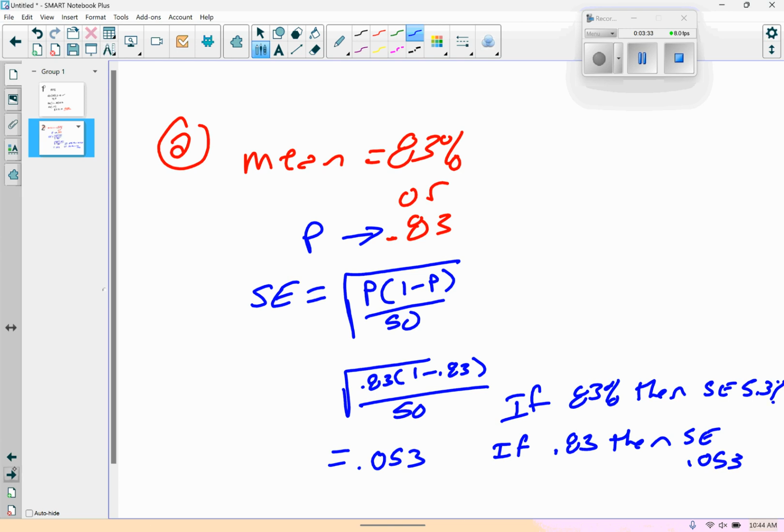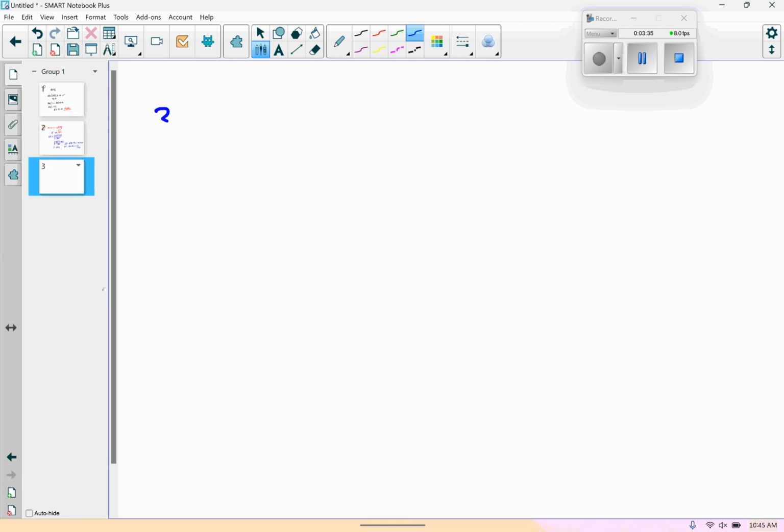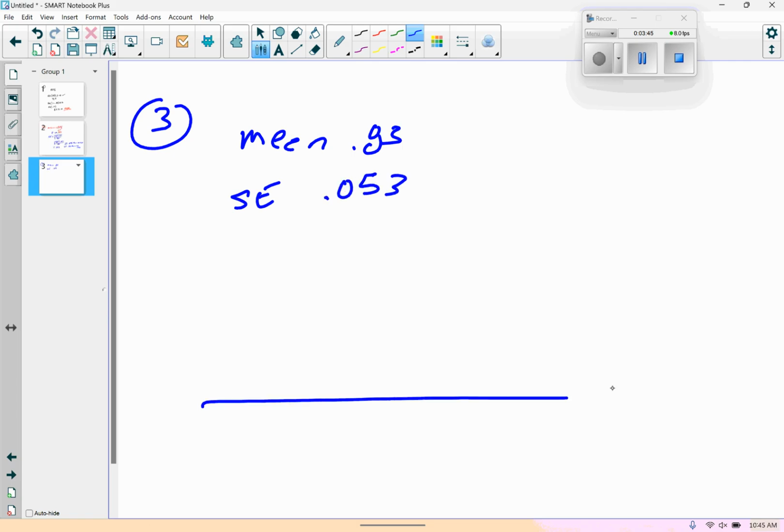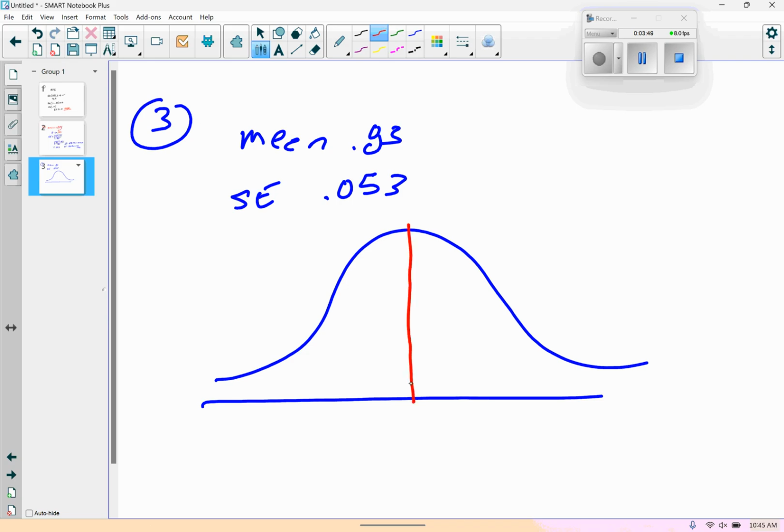If I wanted to draw a normal distribution, and I knew that the mean is 0.83 and the standard error is 0.053, we draw our normal distribution, even though we know it's not normal because it didn't satisfy the characteristics up above. We have 0.83 in the middle, and let's keep this simple.